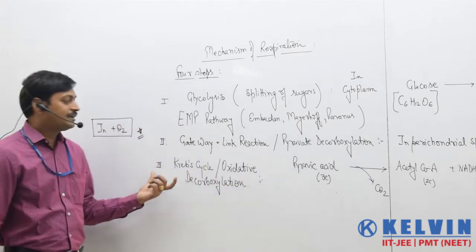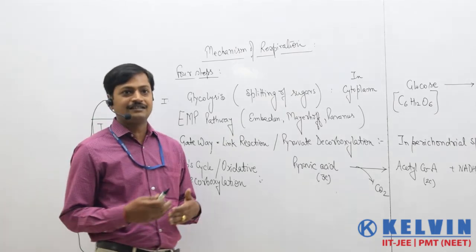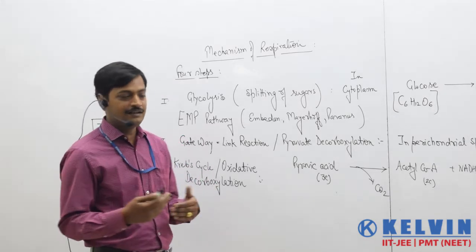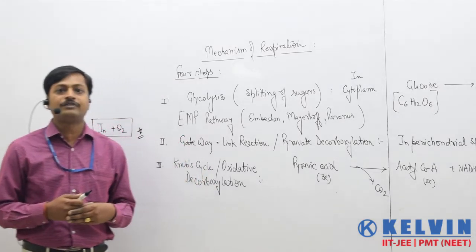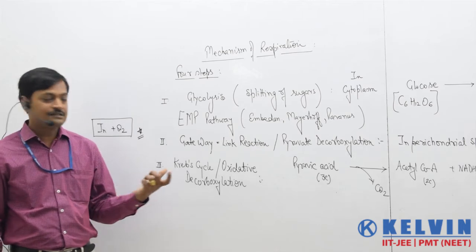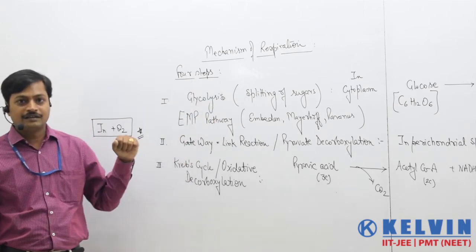So it's the Krebs cycle or oxidative decarboxylation. It is also known as the TCA cycle, that is tricarboxylic acid cycle, or citric acid cycle, as the first stable product formed is citric acid. We will discuss the Krebs cycle in detail later.